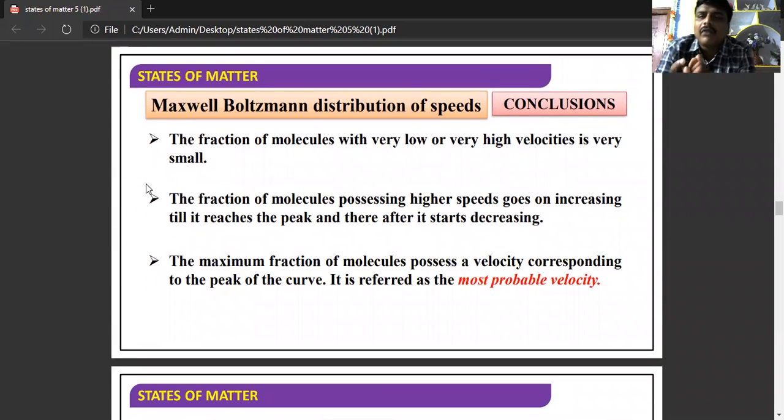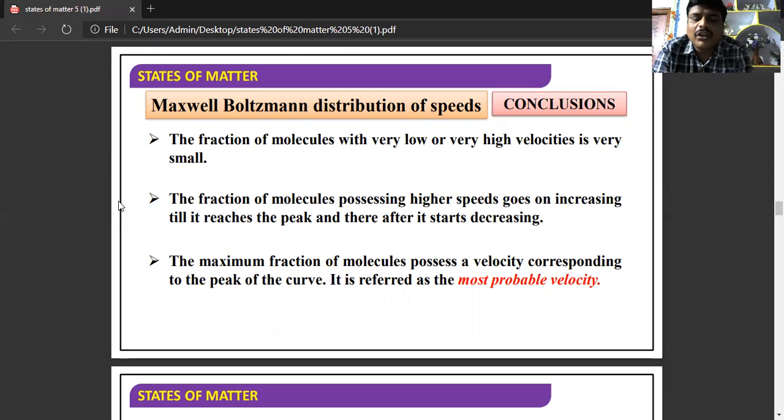What conclusions can we draw from the Maxwell-Boltzmann distribution of speeds? The fraction of molecules with very low or very high velocities is very small among the total number of molecules.